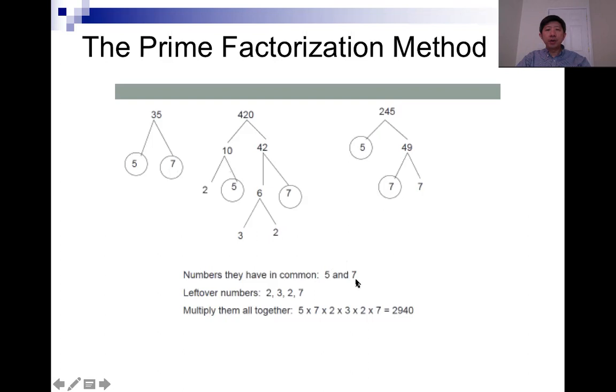And what's leftover? The leftover is 2, 3, 2, and then 7. And then you take the common factors times the leftover numbers, and that is the LCM. So this is the prime factorization method.